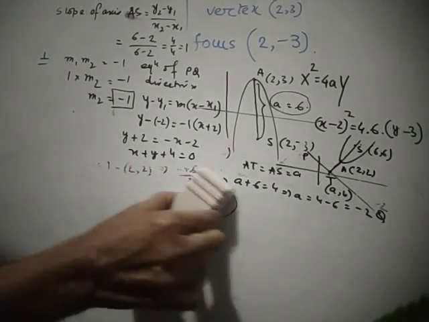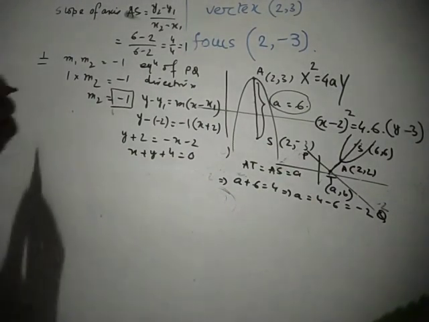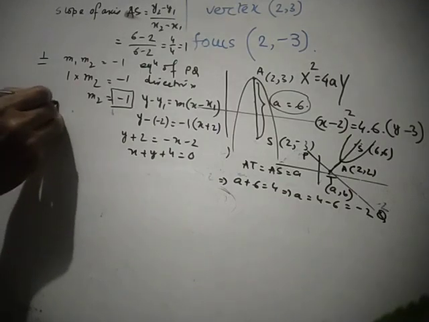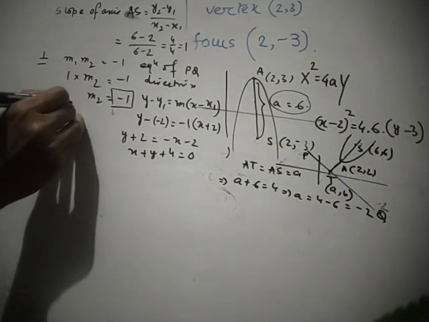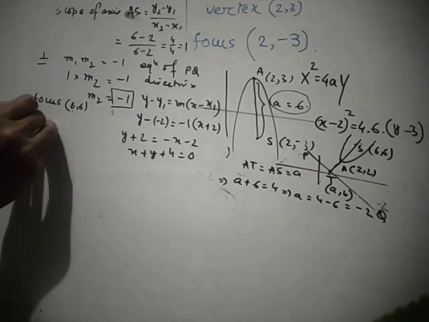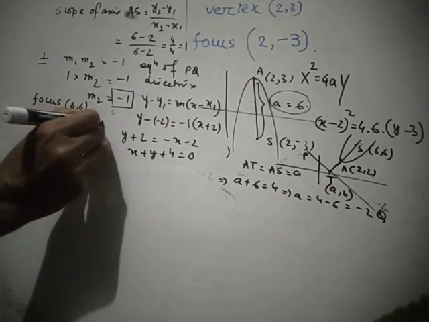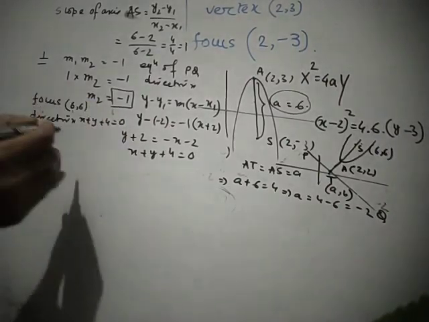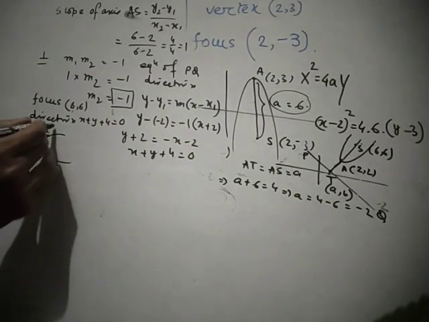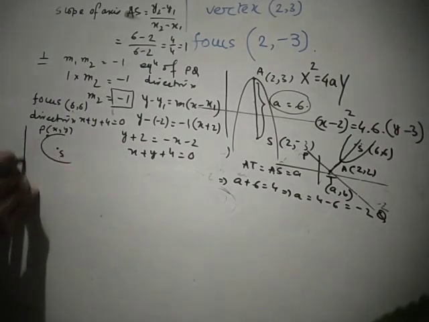Now for the parabola, we know that when the focus is given, 6 comma 6, and the equation of the directrix is given, x plus y plus 4 equals 0, we know how to find the equation of the parabola. We have to take any point P, x comma y, and we know S, we know the directrix.